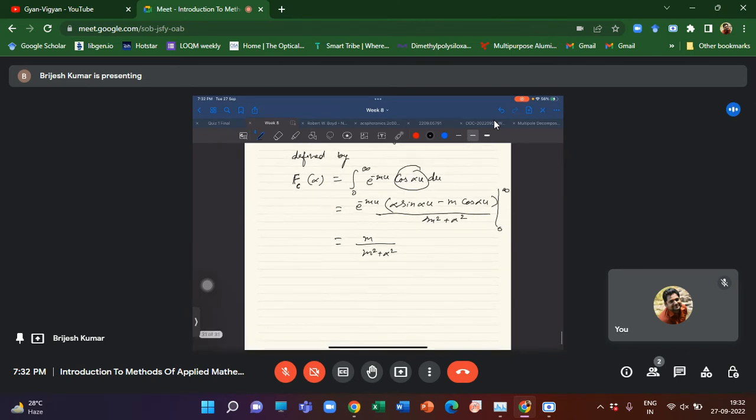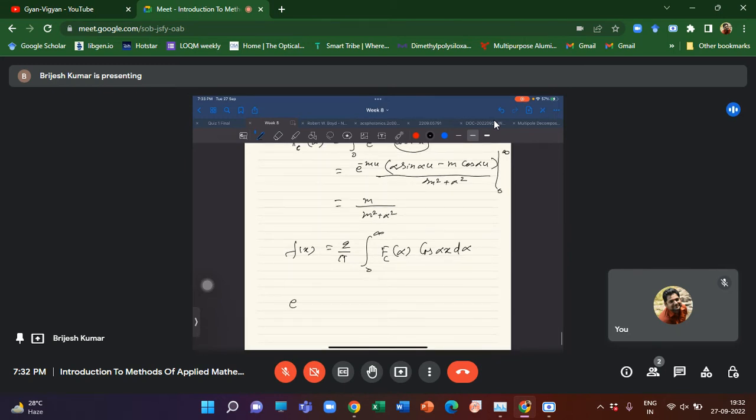So the inverse Fourier transform f(x) will be 2 upon pi, integral from 0 to infinity of the Fourier cosine transform of alpha into cos alpha x d alpha.